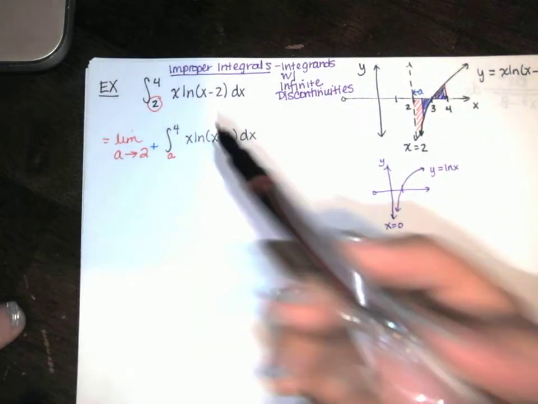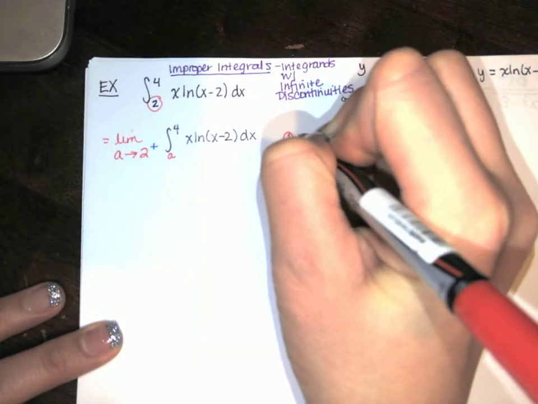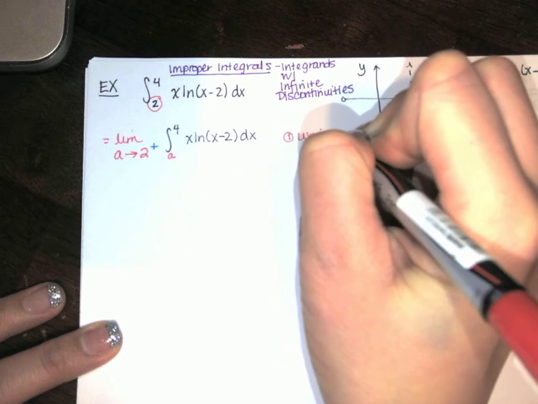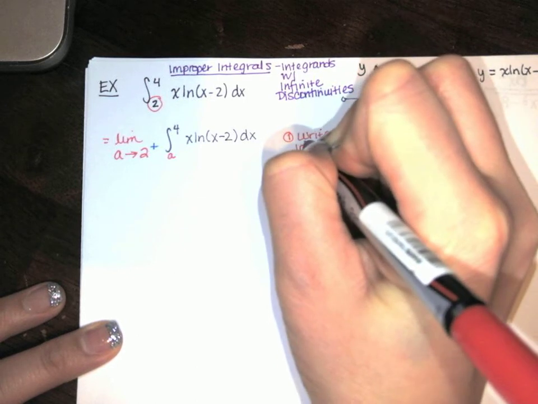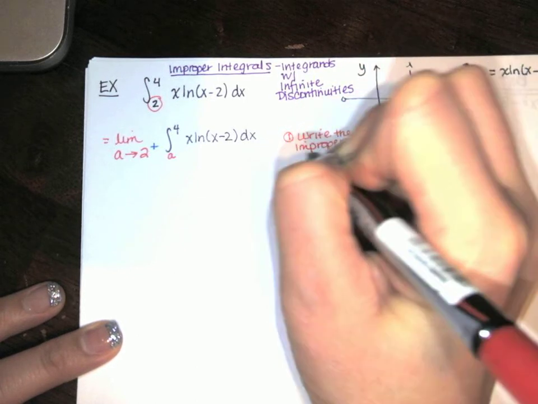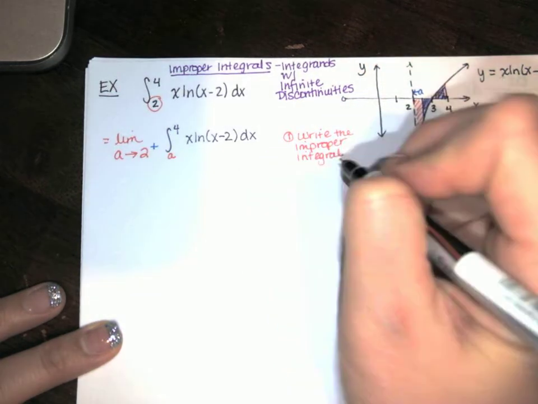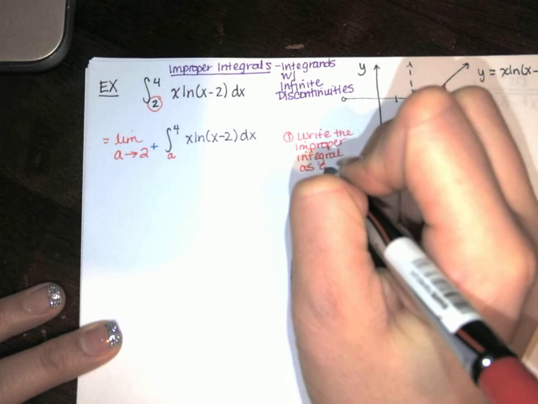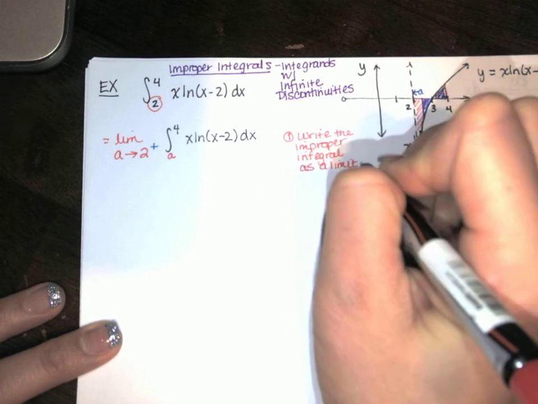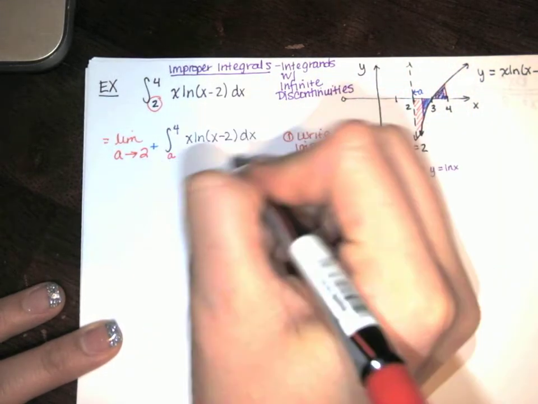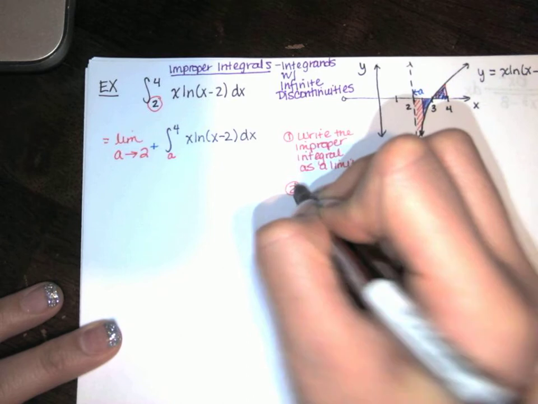Okay, so we did our first step. Remember, our first step is always to write the improper integral as a limit. It's a limit of a proper integral. And then we evaluate that proper integral, this right here, using the fundamental theorem of calculus.